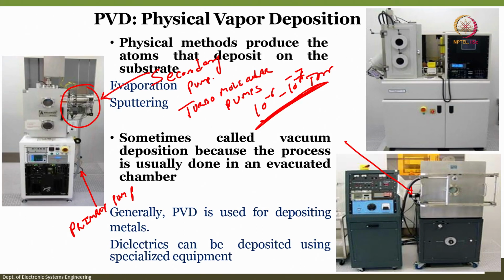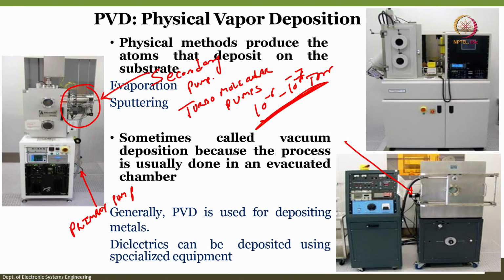And every physical vapor deposition method, whether it is thermal evaporation, e-beam evaporation, or sputtering, all three techniques require vacuum, and that is why these techniques are also called vacuum deposition techniques.